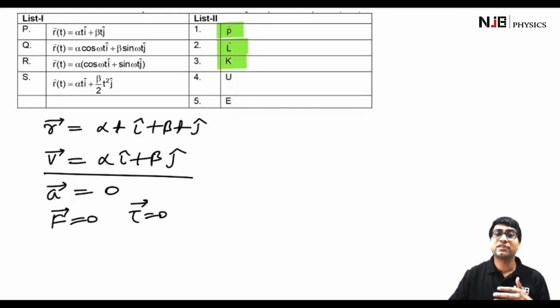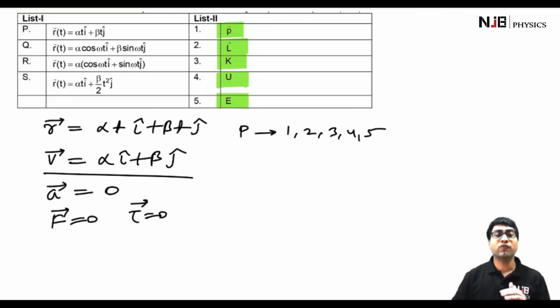So kinetic energy is also conserved in this case, and we already know that total mechanical energy is conserved, therefore potential energy is also going to be conserved, and therefore this P in list 1 is going to match with all the options in list 2, that is 1, 2, 3, 4 and 5.